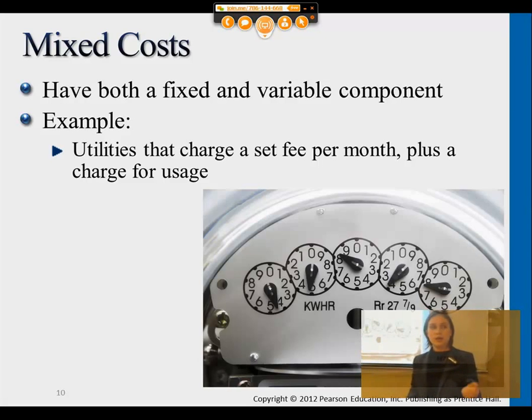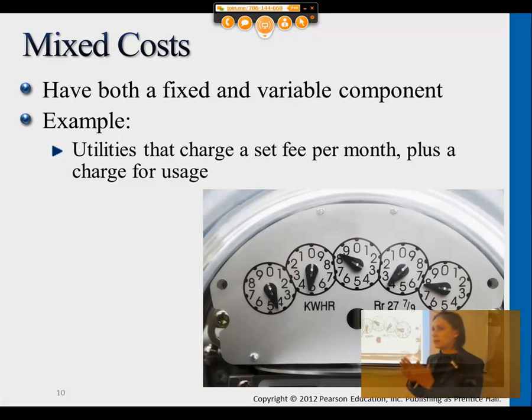So if you had 101 minutes, you're going to pay the $50 for 100, and then for 1 minute you're going to pay 50 cents. So your $50 is going to be a fixed cost, and that 50 cents per minute is your variable cost.